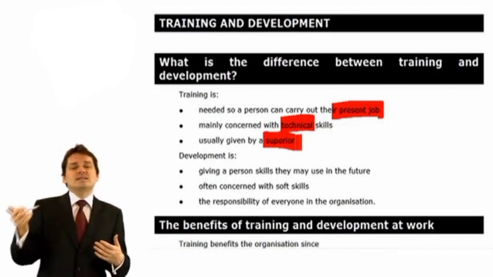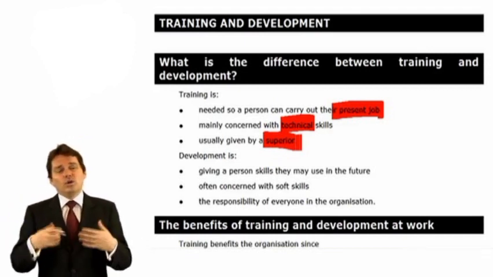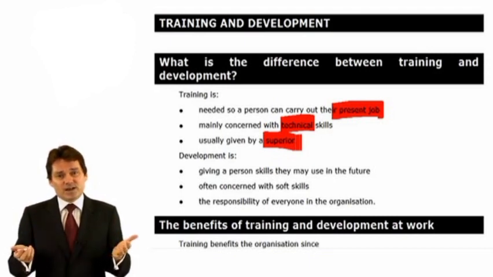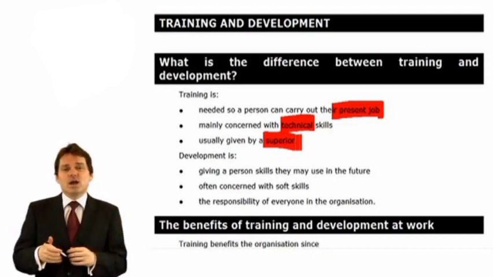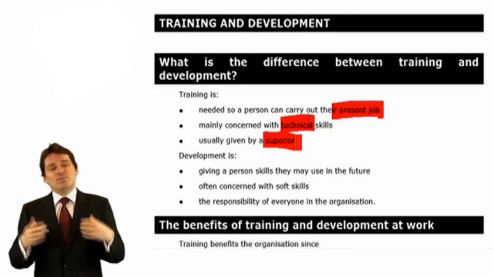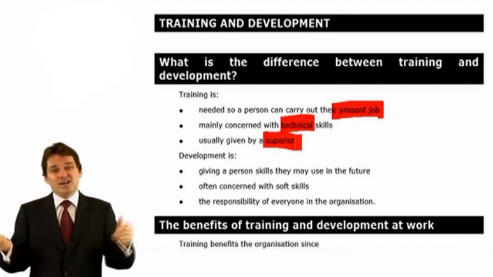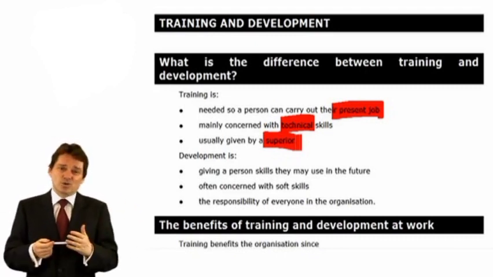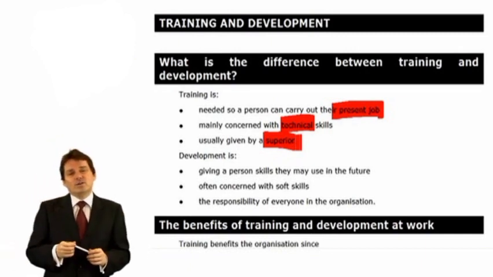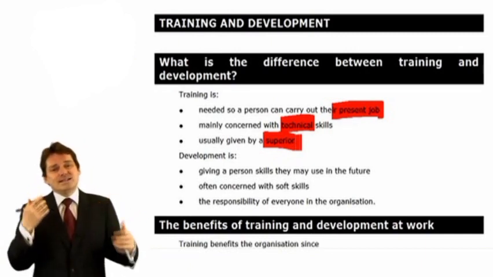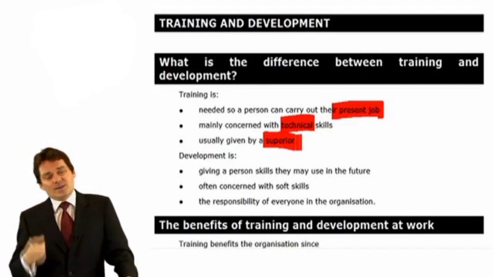What happens when the tax rules change? All accountants who prepare tax for a company or for people need to know what the new rules are so that they prepare the tax returns in the correct way. So some training is forced on you. The key thing behind all training is it's immediate. You need this to be able to do your job today.